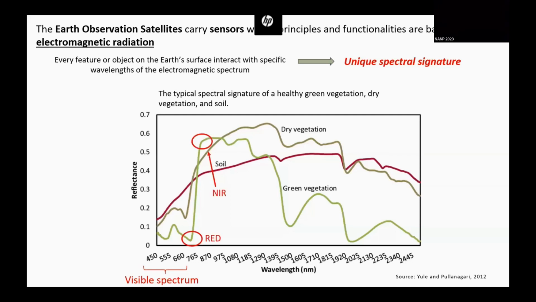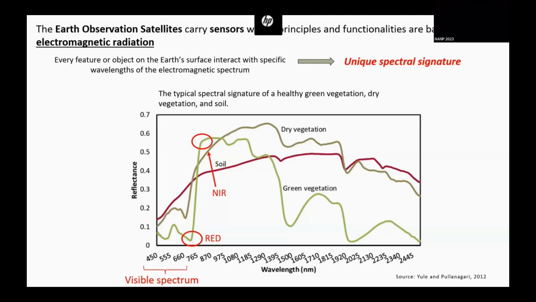And in terms of green vegetation and greenness, two wavelengths are very important, that is the red one and the near infrared one.